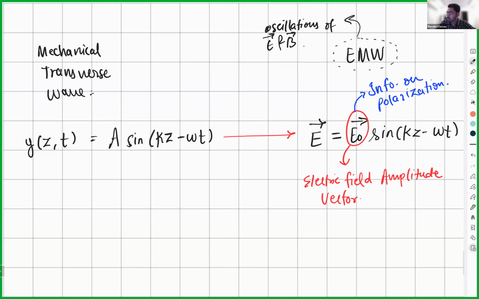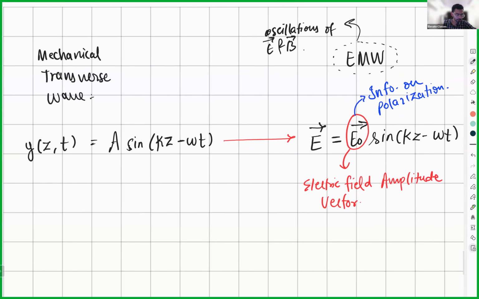So if I restrict my oscillations to a certain direction or a certain line, then it will be called a plane polarized light, just in the mechanical wave case.